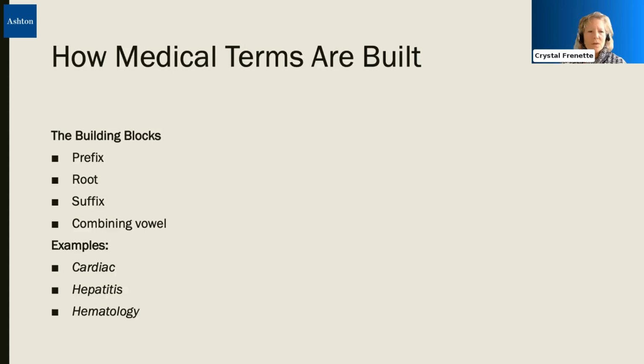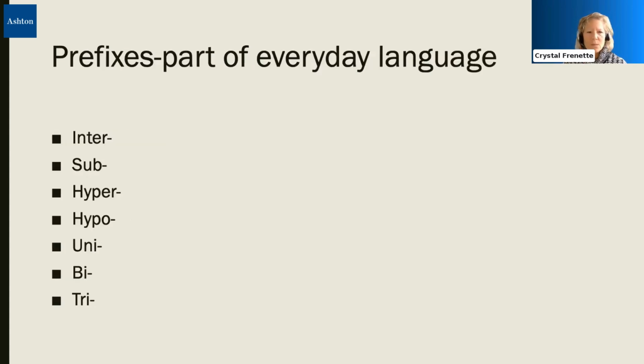But to use these examples to figure out some words, again, prefixes. And again, they're part of our everyday language. You already have this knowledge coming into our program, coming into our course. So it's not as daunting as it sometimes feels for some people when they come into medical terminology, thinking that it's going to be really difficult. Common language uses it. I've got several prefixes here. So internet, for instance, right? We have this internet we talk about every day.